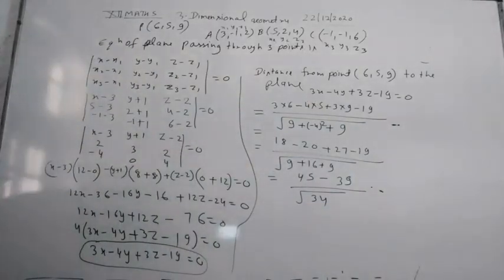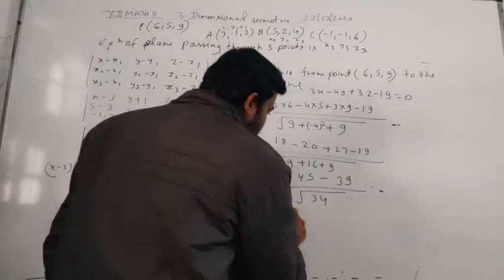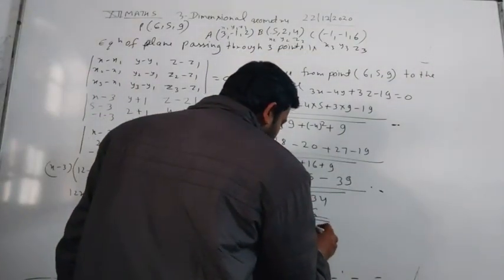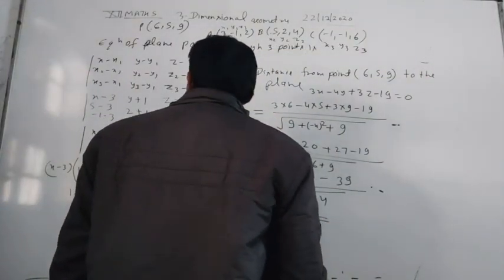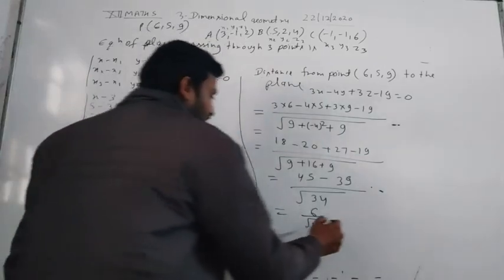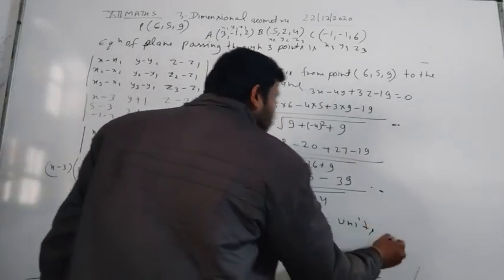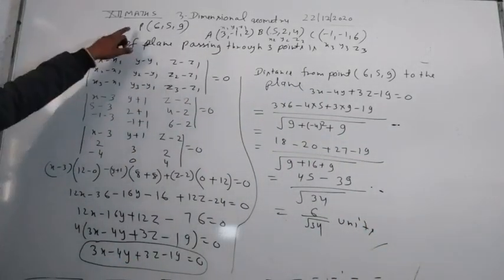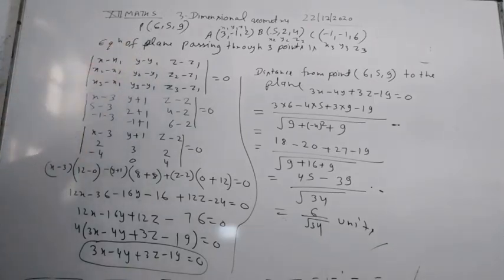Okay student, so we are getting 6 by square root 34. So this is our distance from point P to the plane: 6 by under root 34.